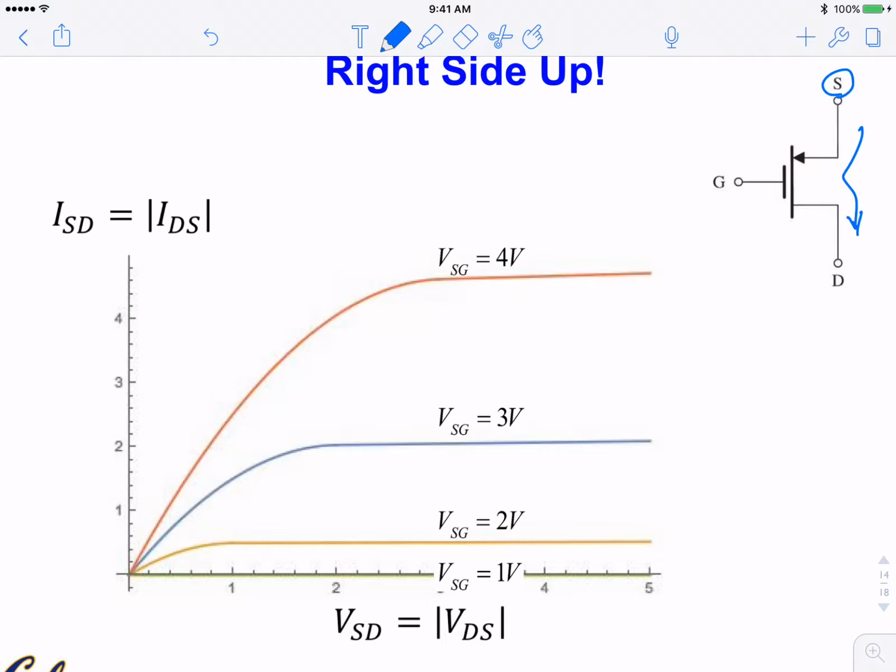And I'm going to have source on top, close to my most positive power supply, and drain closer to my most negative power supply value. Current is just going to flow downward. And for the voltage VDS, well, I'm just going to count this voltage drop, okay? It's really VSD. So sometimes people write it as VSD, which is a positive value. You can write it as ISD, which is a positive value, or you can use absolute signs.